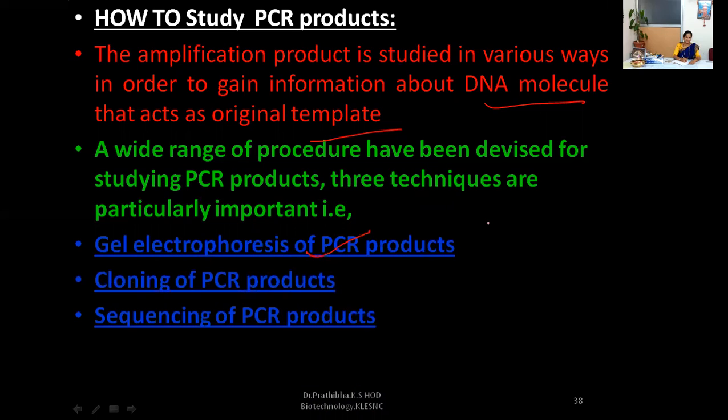After the PCR, we can run the PCR product or sample through gel electrophoresis to understand the particular DNA molecule. Then we can also study this amplified DNA molecule. We can also do the cloning. Again the same sample will be taken and subjected to the plasmid DNA.